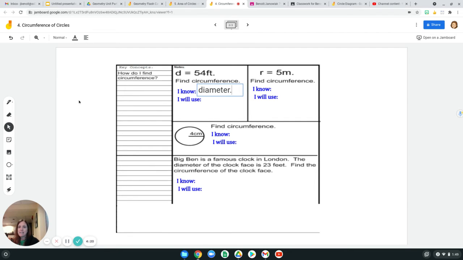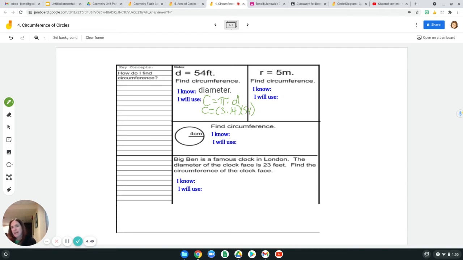So that means the formula that I'm going to use is my green one. C equals pi times D, times diameter. Okay, so I'm going to substitute in, keep my C because that's what I'm looking for, circumference. Pi, remember I said we're going to use the truncated version 3.14, and then we're going to multiply that by 54.